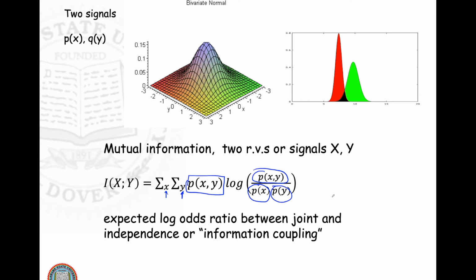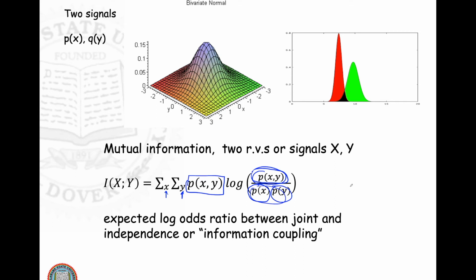And when you have the product of the marginals, you're making an independence assumption. You're saying, what if x and y are independent? Now, they don't have to be independent in practice. They can share information. But you imagine if they were independent, we look at the ratio between the joint assumption, they share information, and the independence assumption, and express that as a log odds ratio.